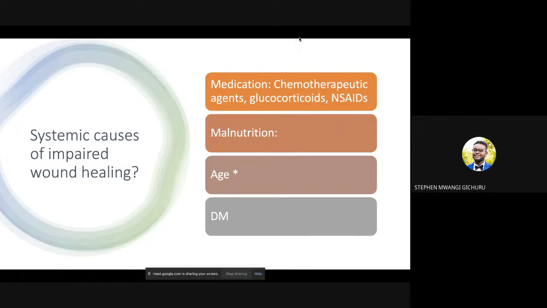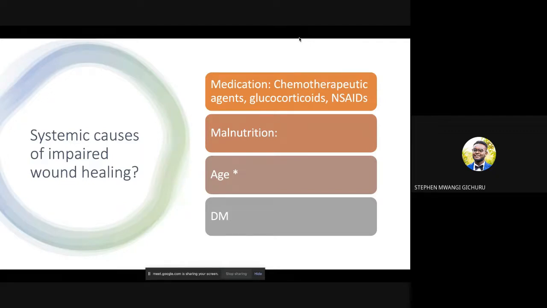When you're malnourished, you don't have the nutrients to heal the wound, and nutrients are very important. When you're overnourished, is that the right word? I can't remember, but when you're obese, there's a higher chance of you getting diabetes. It interferes with your inflammatory process of wound healing, and there's a higher chance of you having chronic wounds.